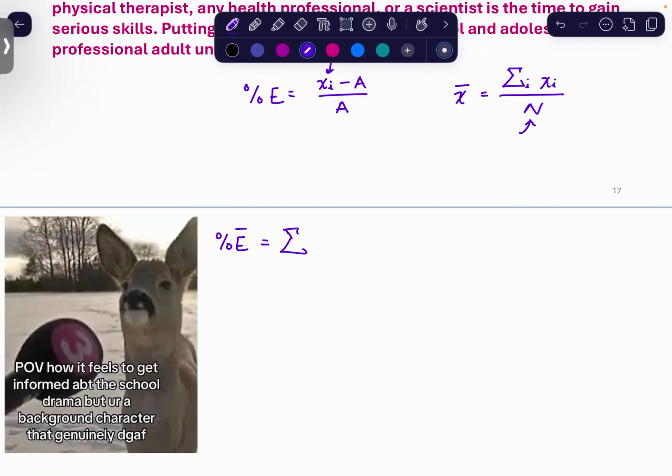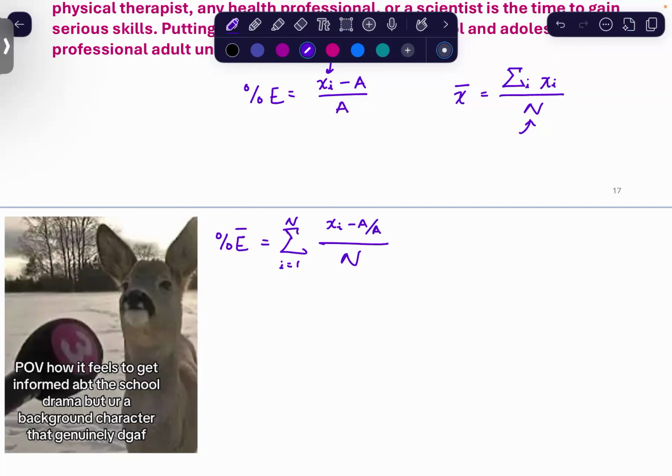Another way you can write your sum is your i is going to go from your first value to your value of n. So in this case, you remember that list above, that was 1 to 5. And then I'm going to have my percent error, each one of them. Then I'm going to divide it by the total number n. So each percent error calculation divided by n gives me the mean value of the percent error.